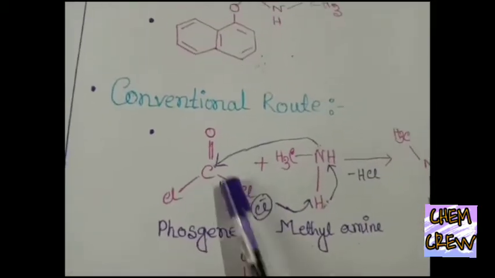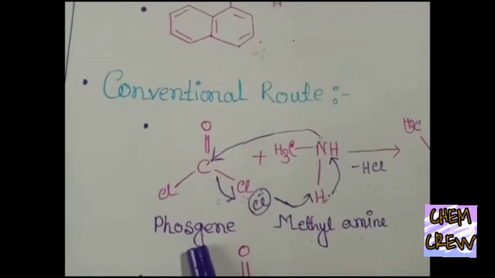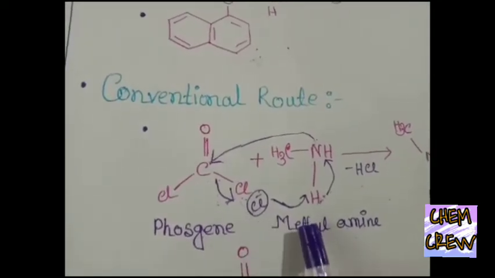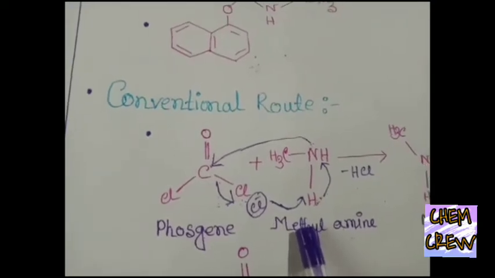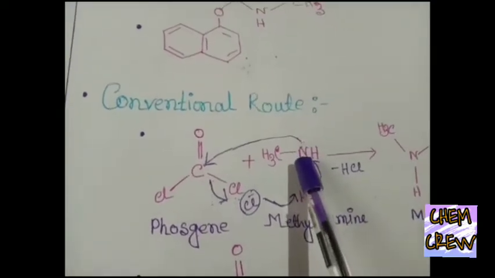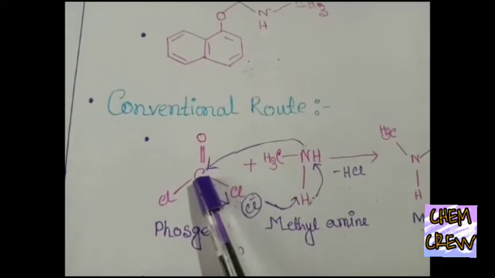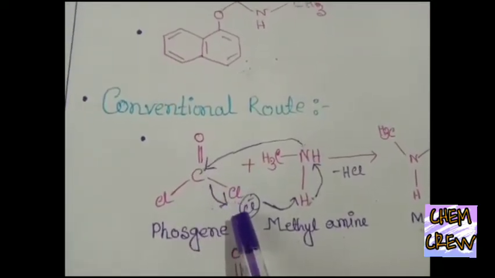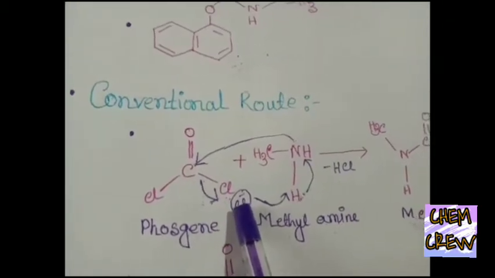Now the conventional route. In the conventional route, phosgene is the starting material and it is treated with methylamine. The lone pair on the nitrogen attacks the carbon of the carbonyl group and Cl is released because Cl is a weak ligand.